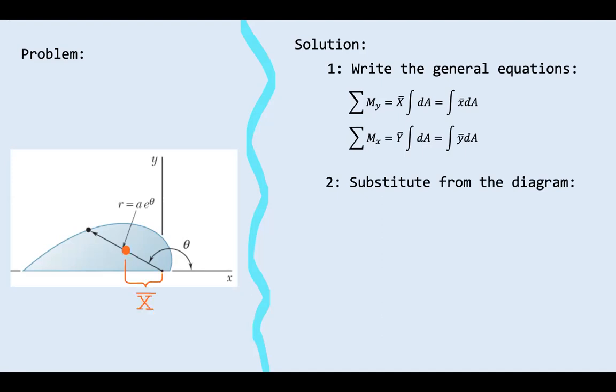As we saw before, this is what the capital x bar is referring to, the x coordinate of the centroid of the whole figure. And then the area of the whole figure, which is the integral of dA. And then we can divide this whole shape into many different sectors as such.